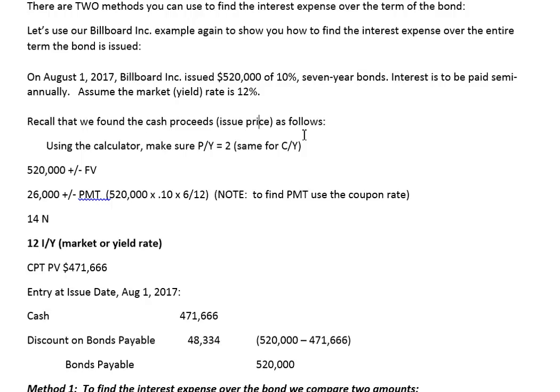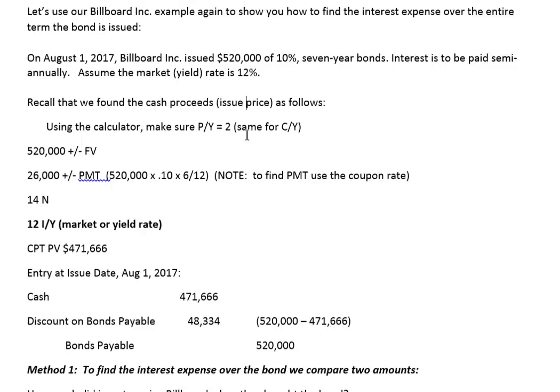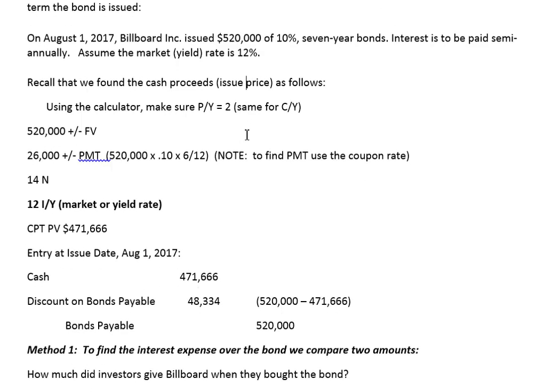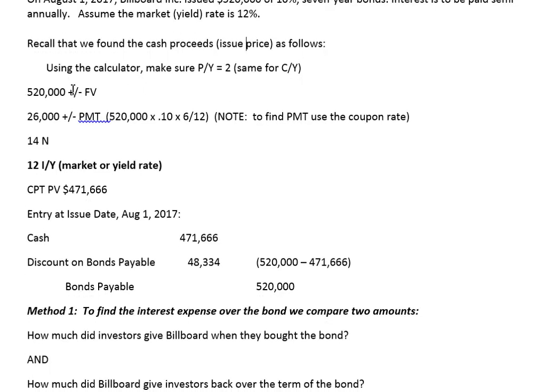So now, to find the present value or the cash proceeds, also known as the issue price, we have to use our calculator to make the calculation. So how do we do it? Well, first of all, we want to put in the fact that we, Billboard, are going to be paying back to investors $520,000 in 7 years.